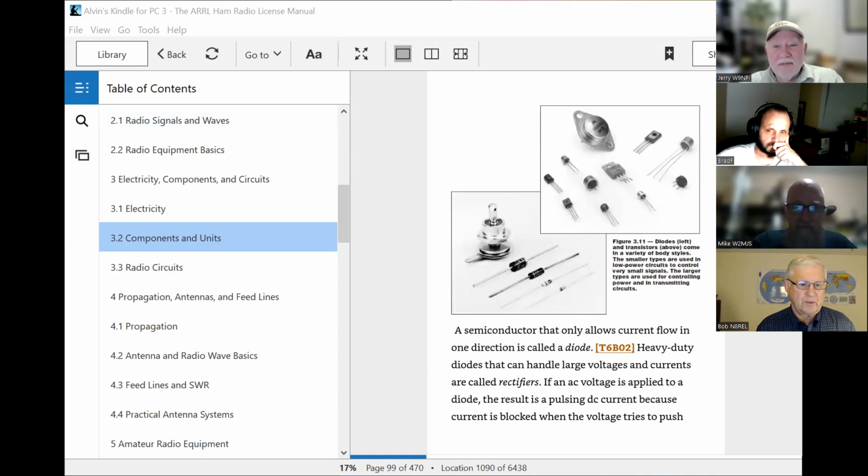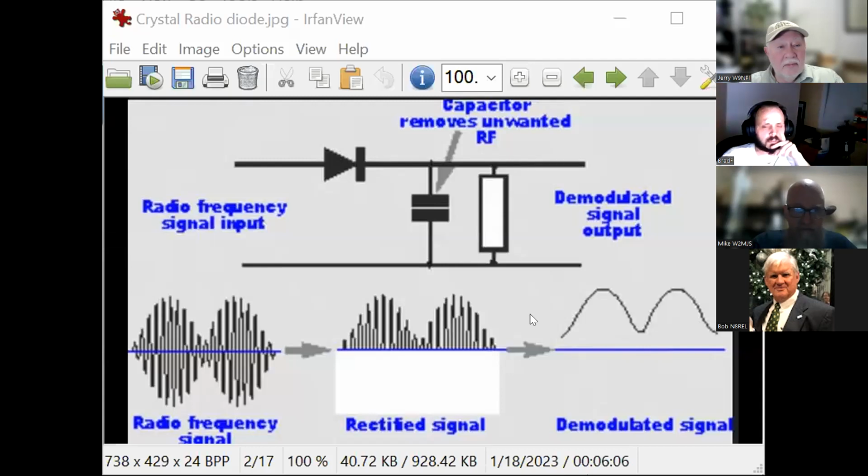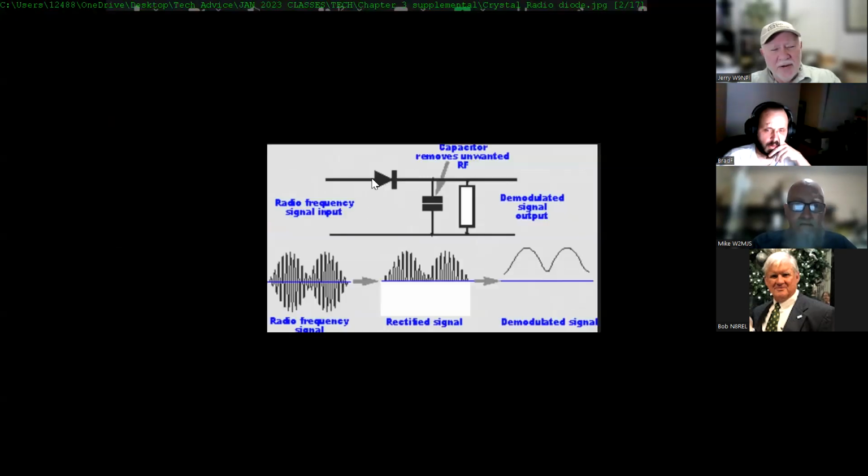Okay, let's see. This is a diode, a simple diode. The back part is called a cathode. The front part is called an anode.